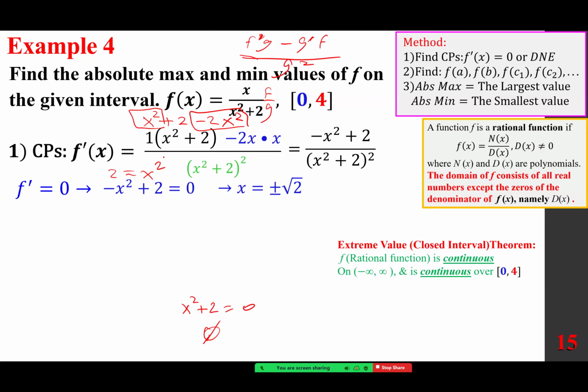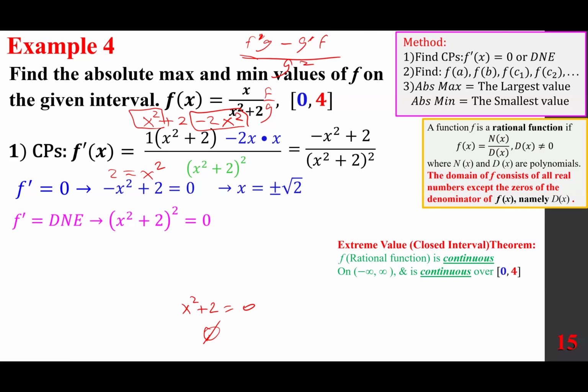f prime doesn't exist if the denominator is 0. Now remember, we showed that x squared plus 2 equals 0 has no solution. If you square it, it has no solution either. So f prime doesn't exist, doesn't produce any solutions. There are two solutions. One of them is positive square root of 2. One of them is minus square root of 2. We have to check. Remember, square root of 2 is about 1.41.